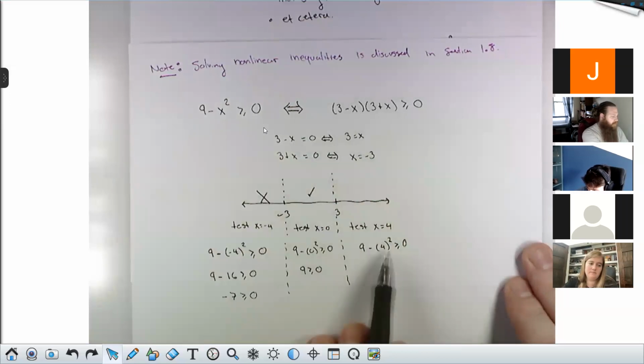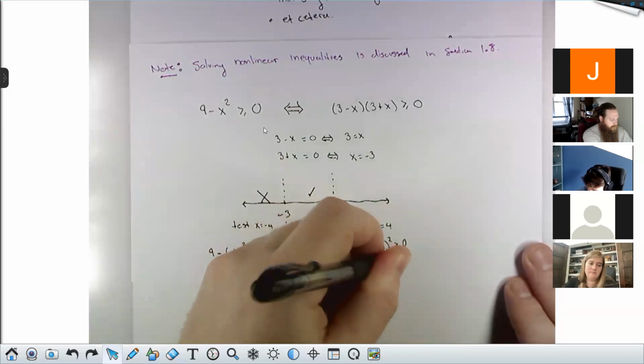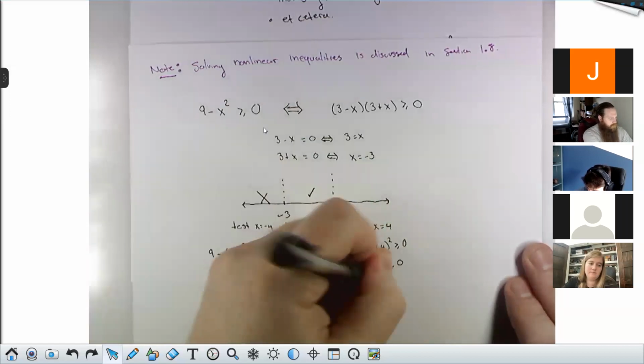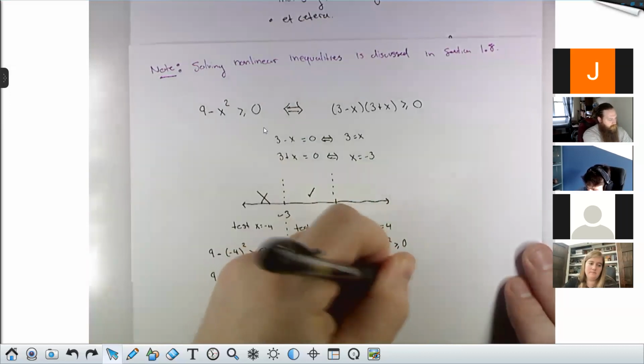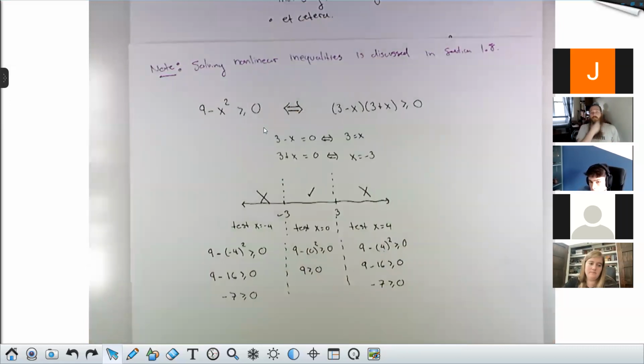Well, +4 squared is the same as -4 squared. This is again 9 minus 16 is greater than or equal to 0, which is -7 is greater than or equal to 0. And that's not true, so I cross this region off. The solution to this inequality is the region or regions with the check marks.